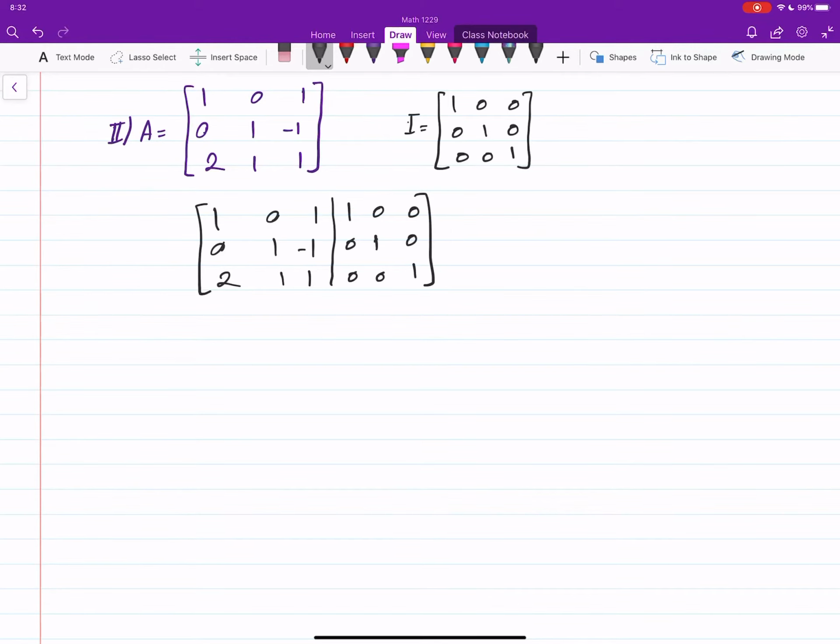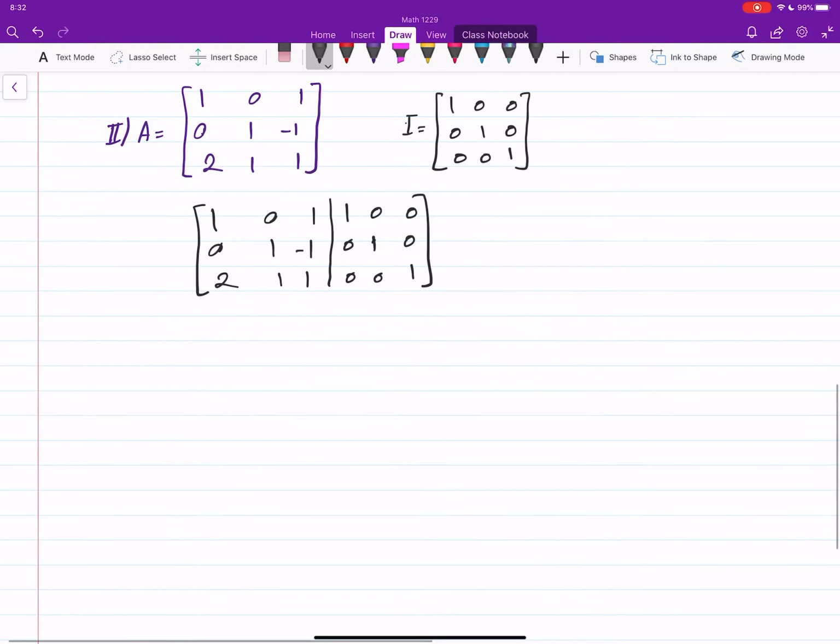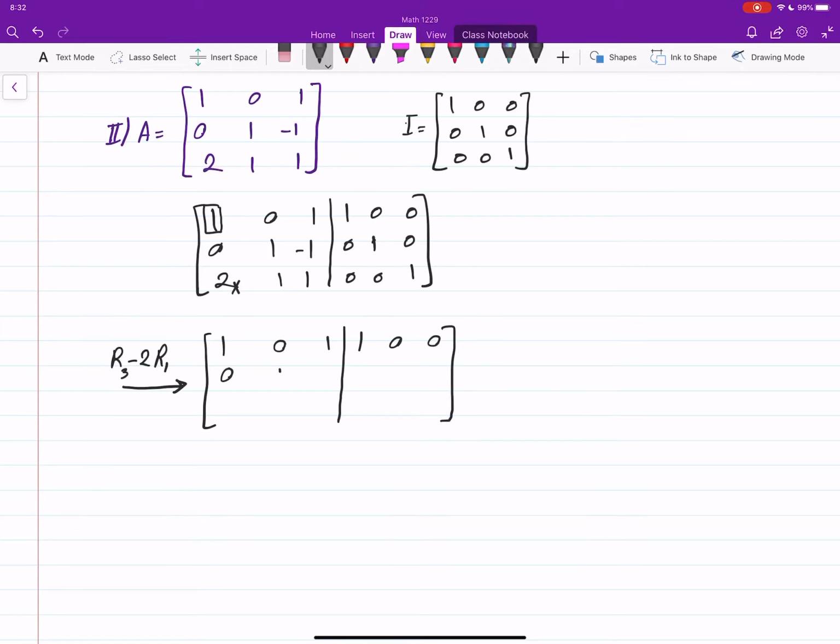Then let's just start reducing the matrix. So this one here is 1. I choose it. It's in the right place. Now we can use that to make this one disappear. So multiply row 1 by the negative of that and add it to row 3. This will be 1 0 0, 0 1 -1, 0 1 0.